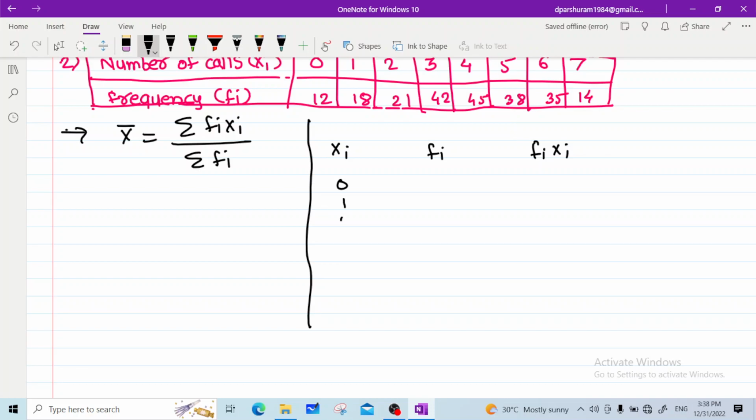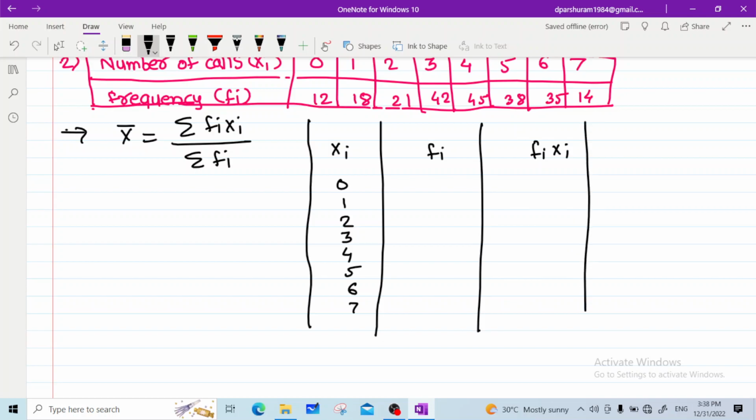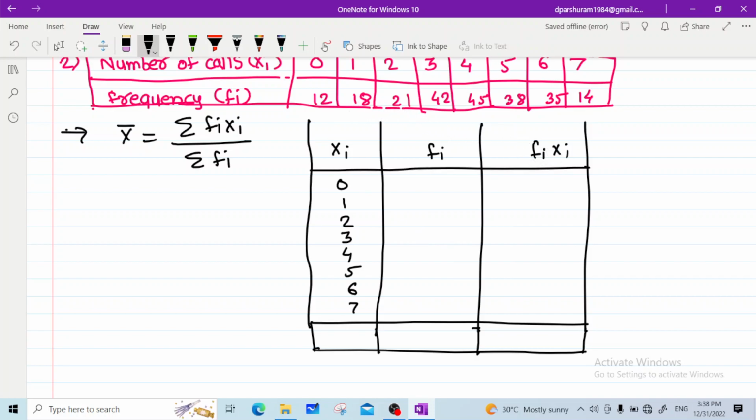The values of xi are 0, 1, 2, 3, 4, 5, 6 and 7.